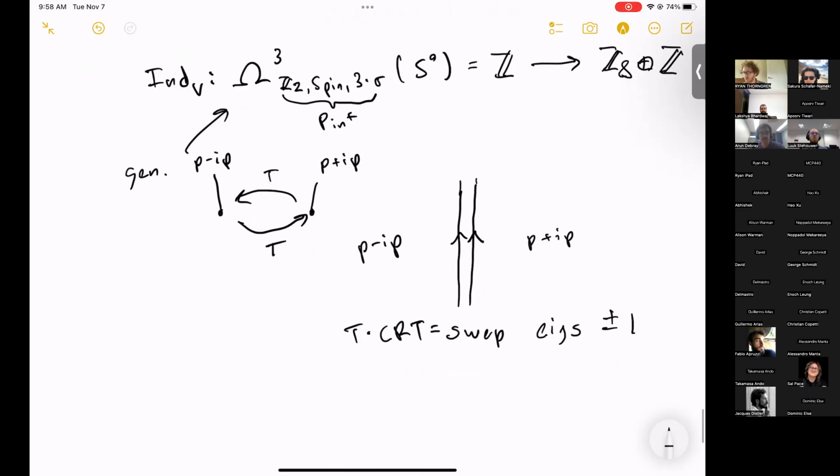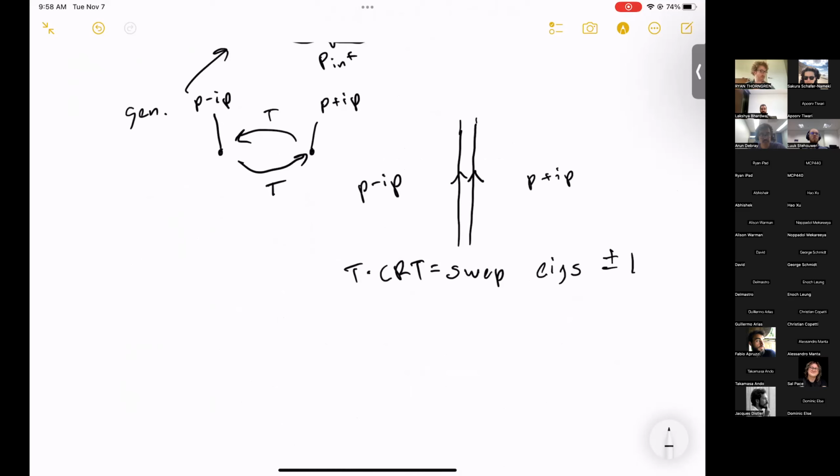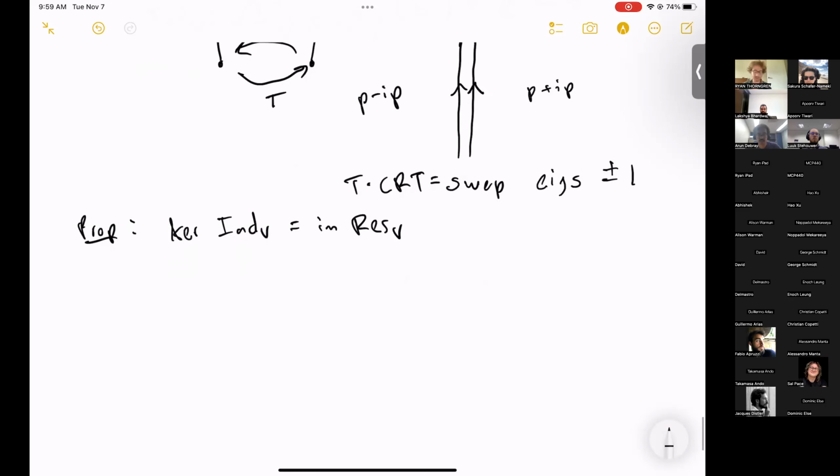Okay, so the full picture, just to draw what we're talking about here. The last proposition is that the kernel of the index map is the image of this residual family map. So all these maps fit together in a really nice structure, which looks like this.